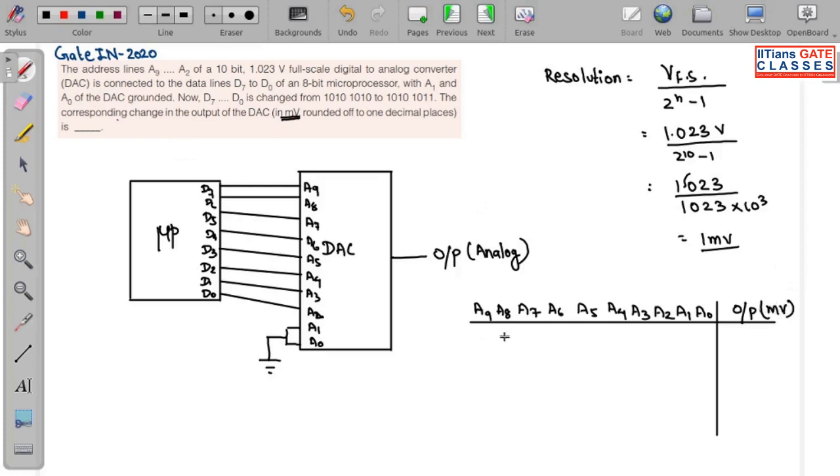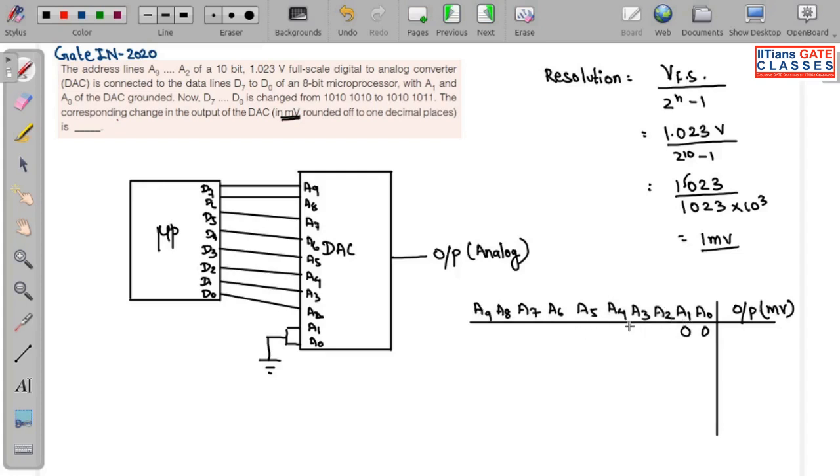So suppose here they have given A1 and A0 is always grounded. So it will be always 0. Okay, no matter what. Only the change will be in this 8 bit. Okay, from A2 to A9 there are 8 bits. So only change will be there in this 8 bit.